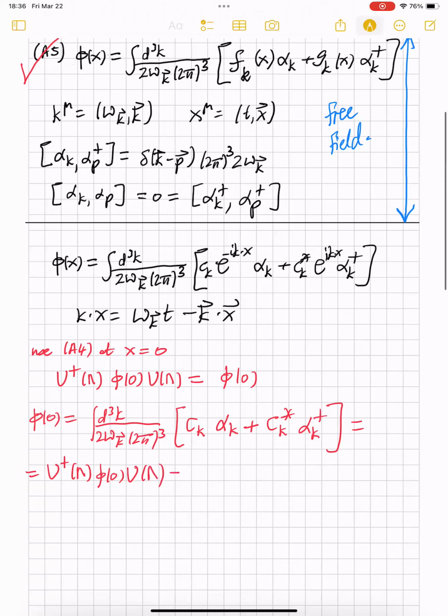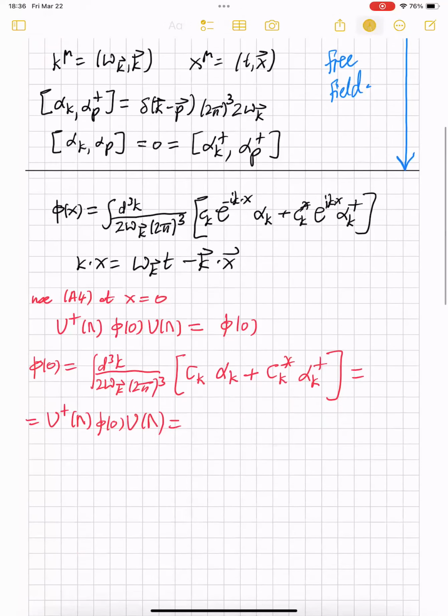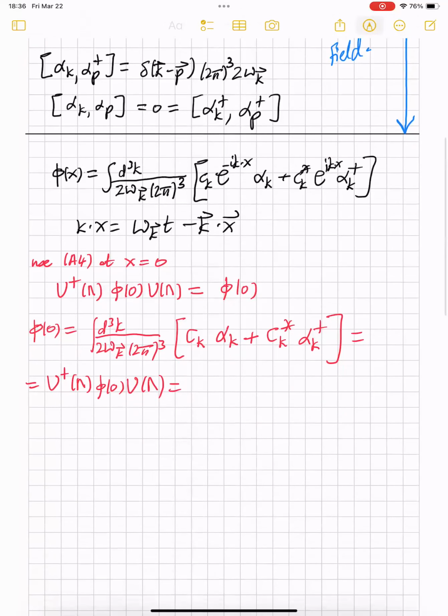Then, as I was saying, we can pull the u dagger and the u through everything except for alpha k and alpha k dagger, because u dagger and u go through any numbers. So this will give us the integral d3k over 2 omega k, 2 pi cubed. We've got ck, that's also just a number.